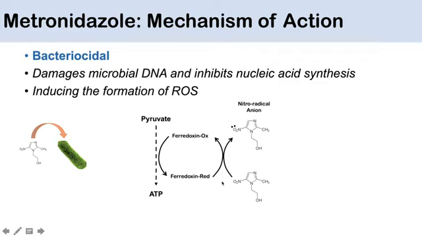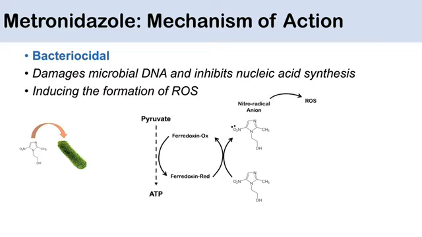So it becomes an electron sink. So the nitro group on metronidazole is an electron sink. It takes electrons from ferredoxin, essentially oxidizing ferredoxin, to become itself a nitroradical anion.